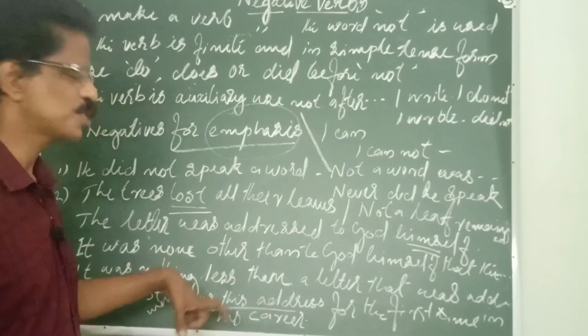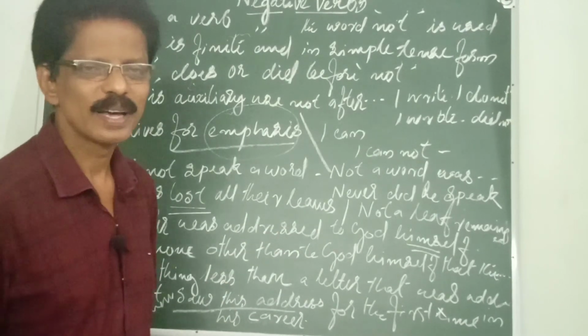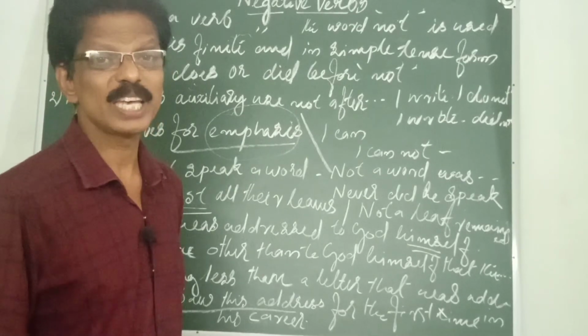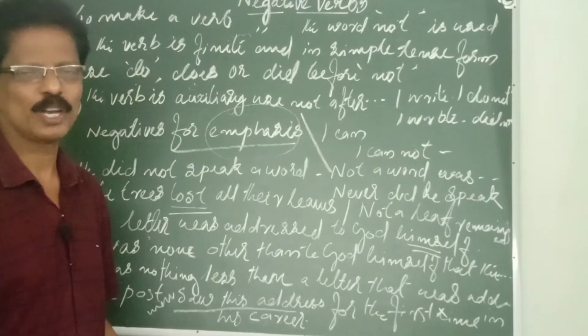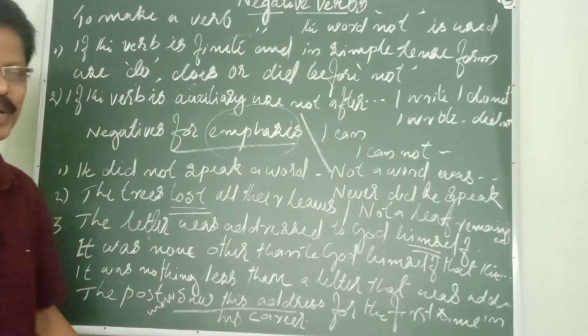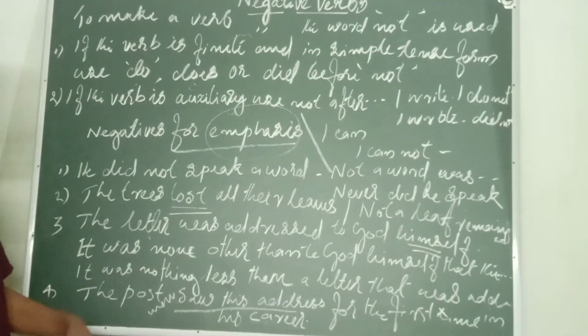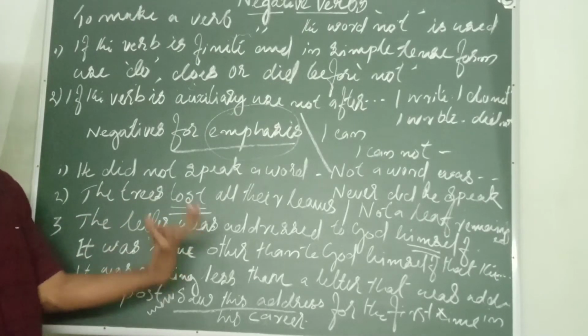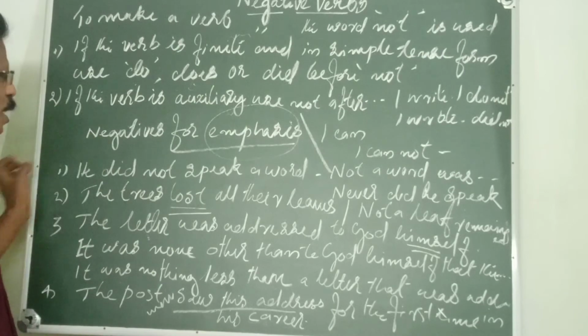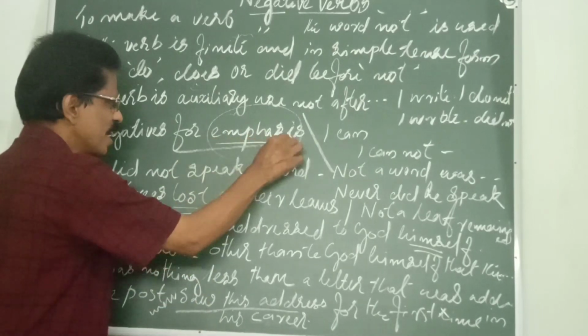So using such words as never, none, not, we can give emphasis or force. So in order to give some force to whatever we speak, we use the words none, never, not, etc. So negative verbs are used to give what?